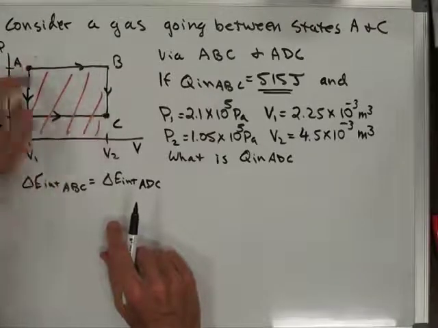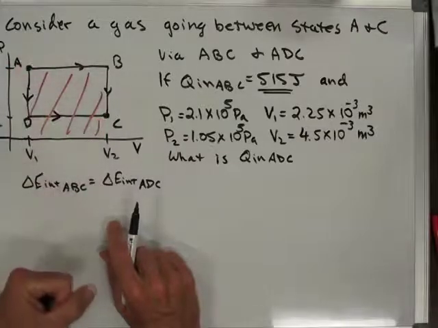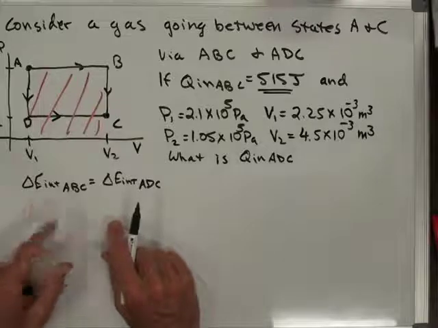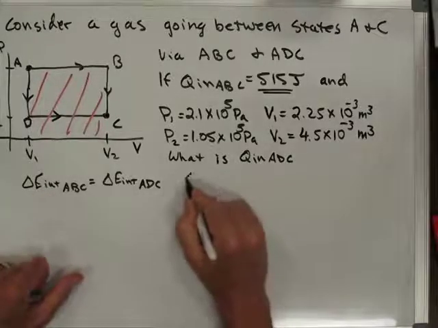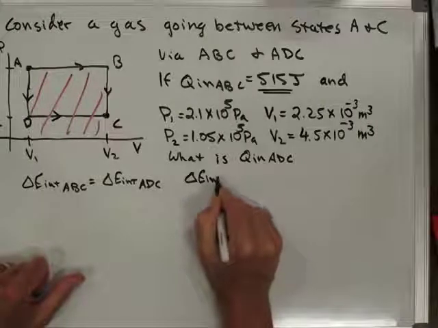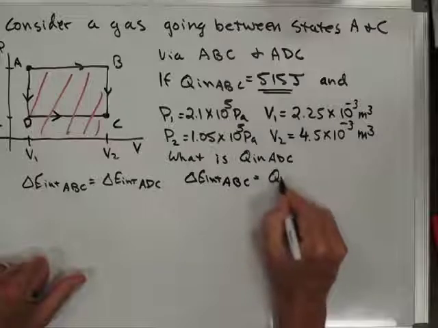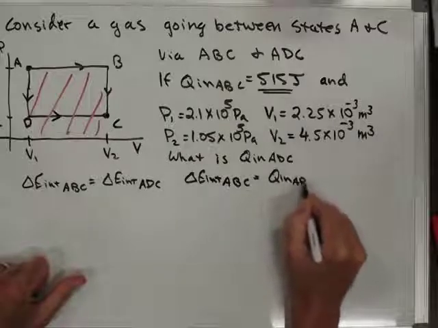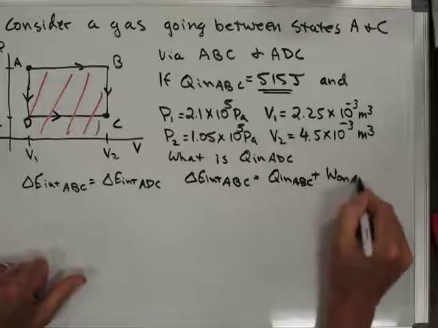And so it's the internal energy here minus the internal energy here, and what their internal energy is does not depend on the path they took. And so we can first evaluate this number. We can say, look, the change in internal energy along ABC is equal to Q in along ABC plus the work on along ABC.